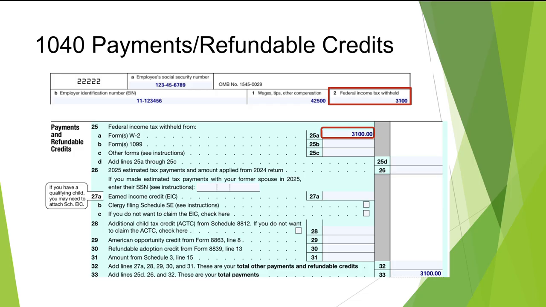Now, in this slide, again, in the top part, we're showing Jordan's W-2 form, and again, it shows in box 2 the federal income tax withheld based on what Jordan asked to have withheld by filling out the W-4 form with his employer. It was $3,100. Well, he owes $3,452, and he's only had $3,100 withheld during the year, so he's going to owe.